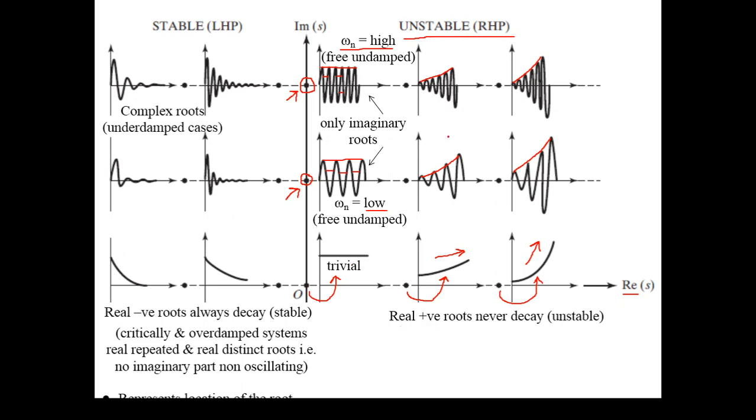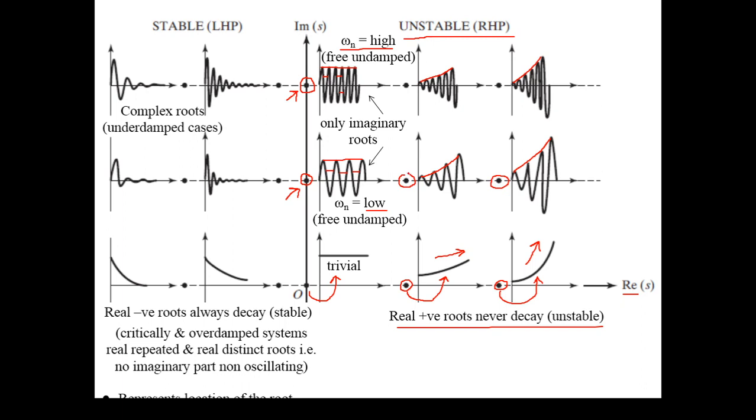So what we conclude looking at this figure is that positive roots never decay, because you see that these dots are always plotted on the right hand side of your graph. So they are plotted on the positive real axis.